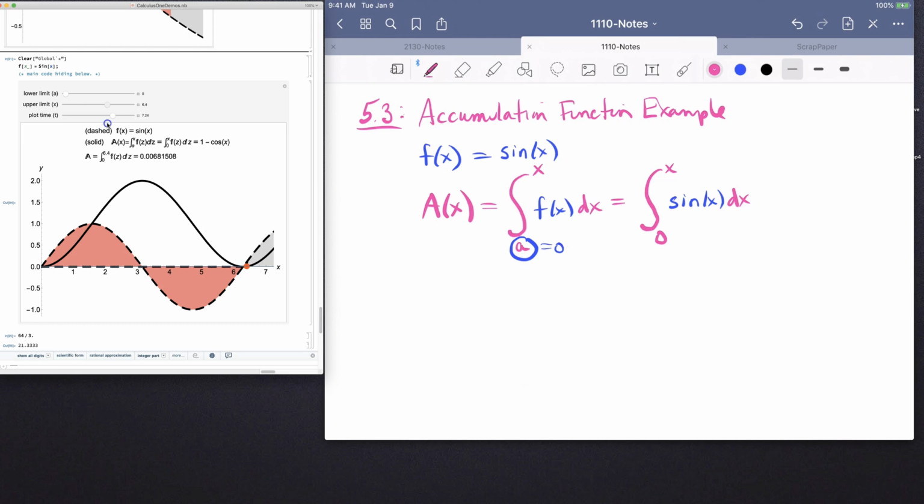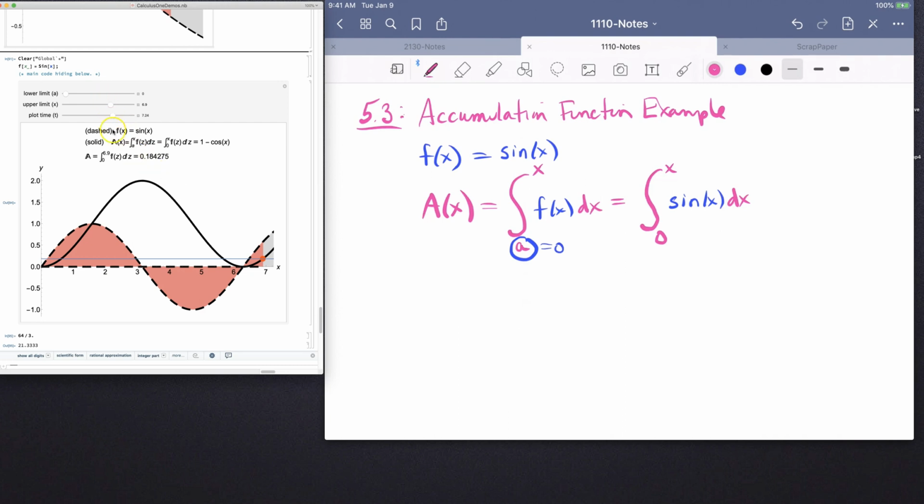After this point, which is a little bit bigger than 6, we start to accumulate some more area, again positive, and that is why our accumulation function has a net area or a total signed area of 0.184.